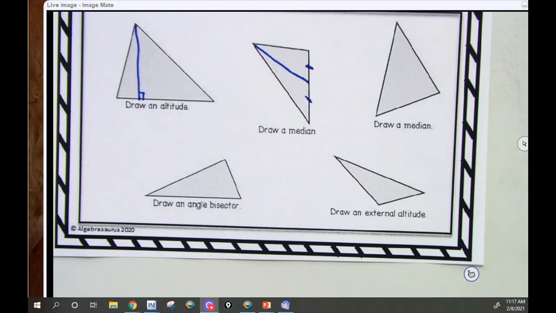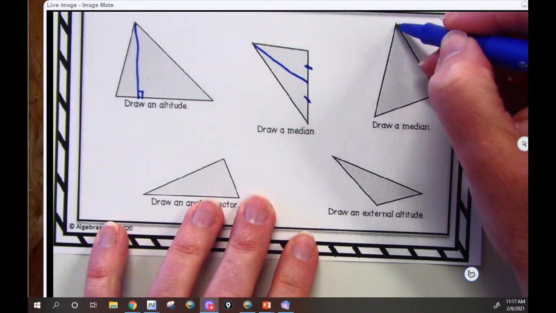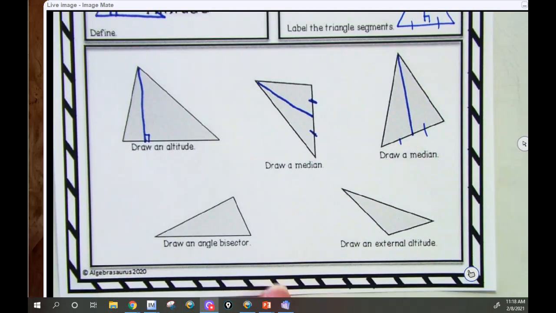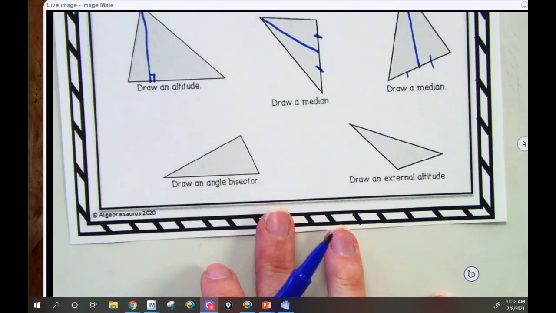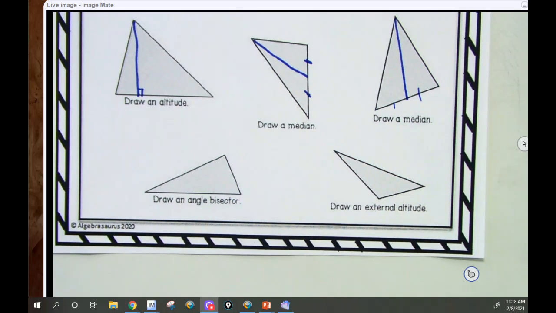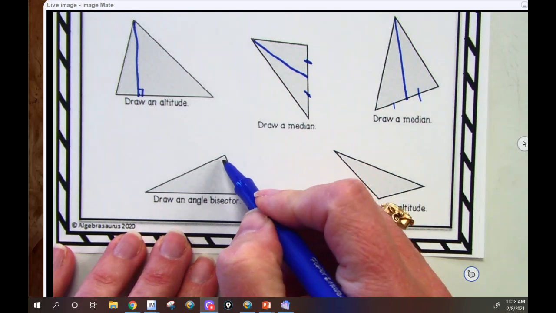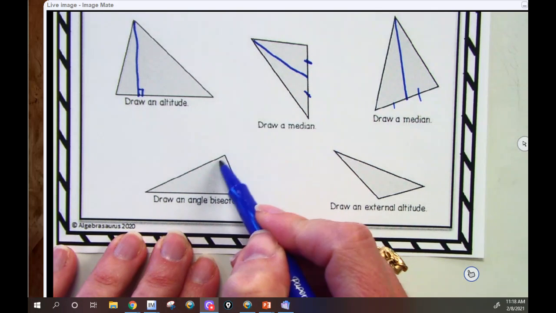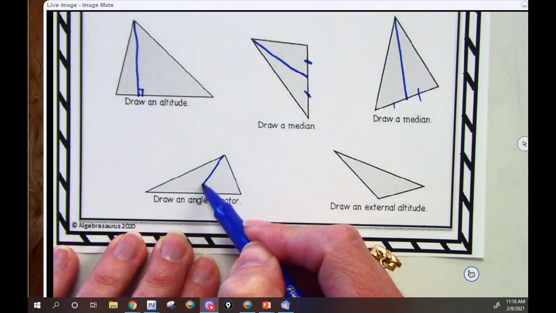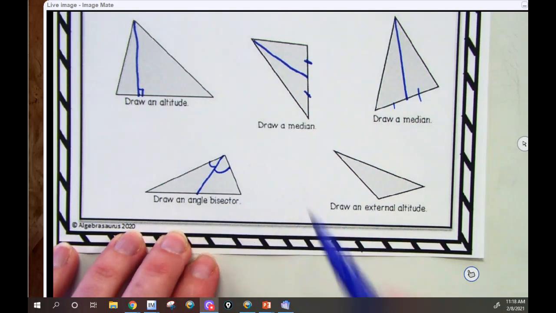Let's draw another median. I'll draw another median. I'm going to go from the top. Okay, bottom left, draw an angle bisector. Top, left, or right? Right. Vote again so I can hear you guys. I heard more tops. Okay, so all I want to do is split this angle in half, right? Mark that you split it in half.